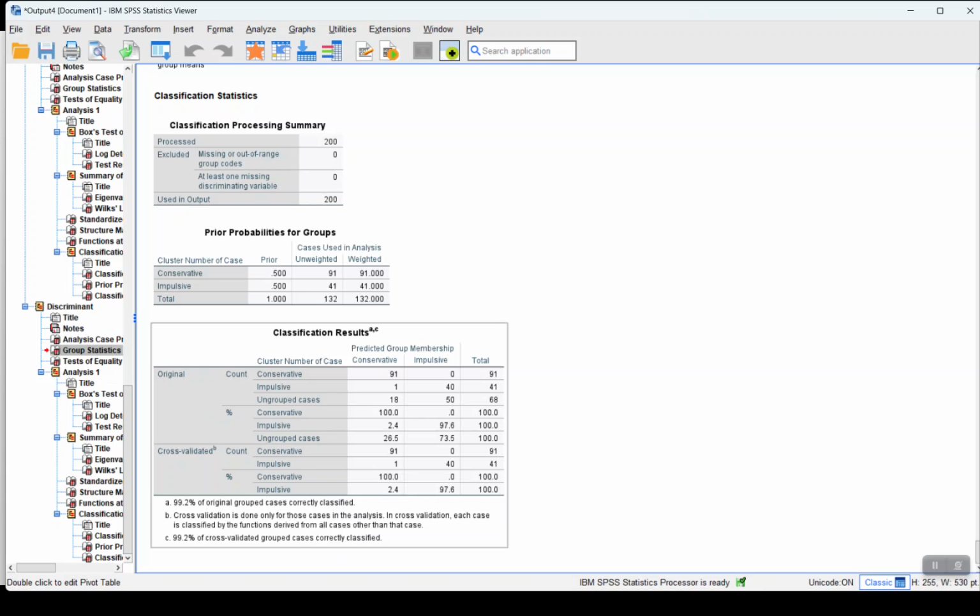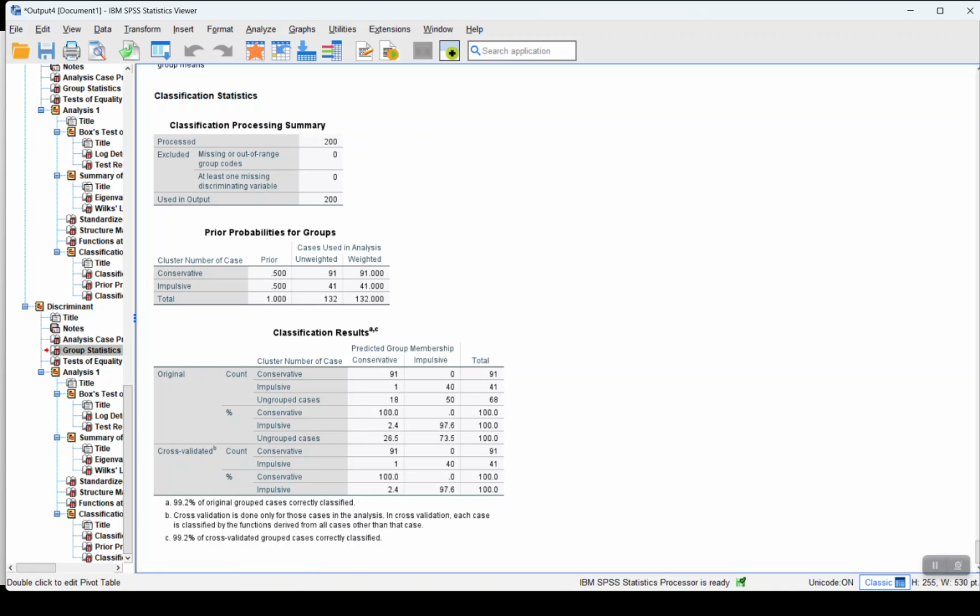This helps us understand how well the groups were classified, and we can see 99.2% of original grouped cases were correctly classified. Also for cross-validated groups, we can see 99.2% here as well.